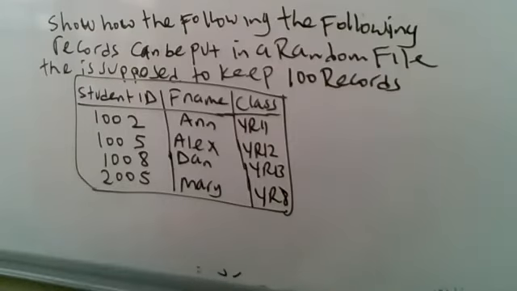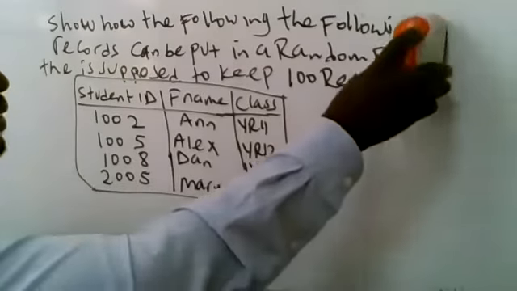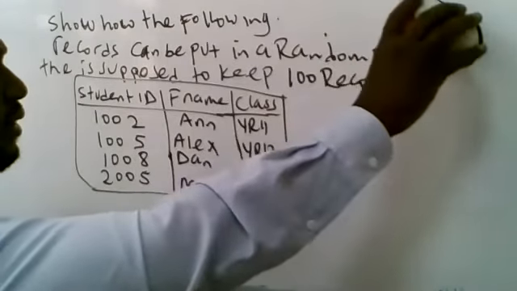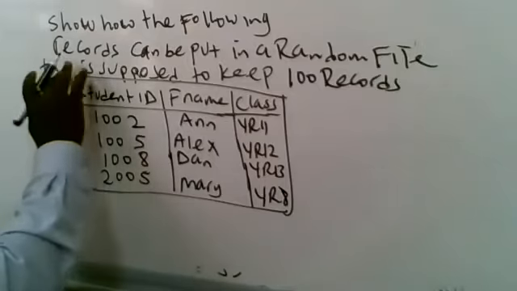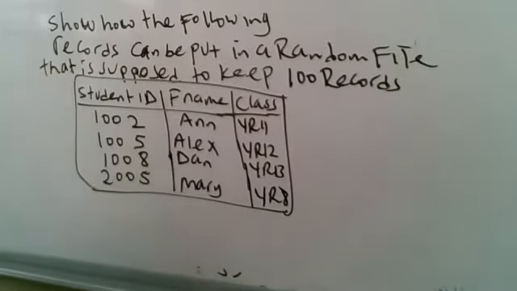Assuming we have such a question, show how the following records can be put in a random file that is supposed to keep 100 records.